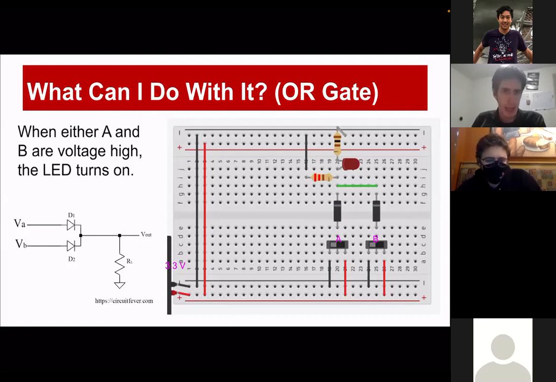So let's look at what's going on there. Well, we have 2 inputs, A and B, and we have our diodes pointing that way. If both of them are off, then it looks like current is flowing from V out to ground.